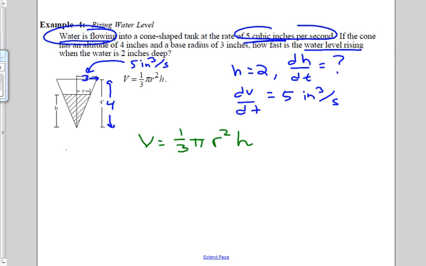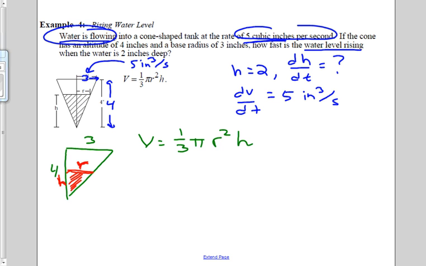So, if we take our base radius of 3 and our height of 4, well, let's say we're not completely full. Let's say here's our height, some height h, and here's some radius r.